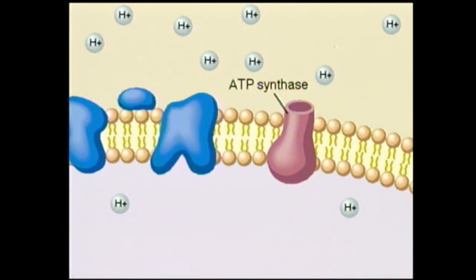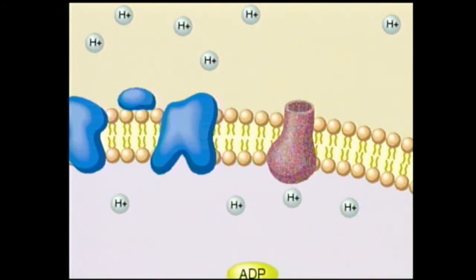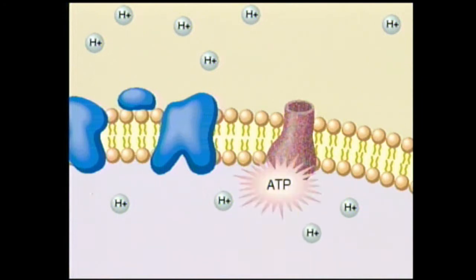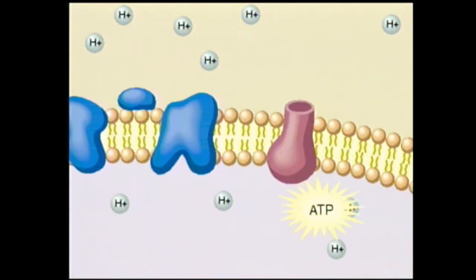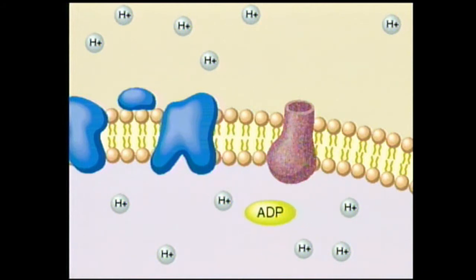The diffusion of hydrogen ions across the membrane energizes the ATP synthase. This energy is transferred to an ADP molecule, causing an ATP to form. The formation of ATP provides the cell with usable fuel in large amounts.